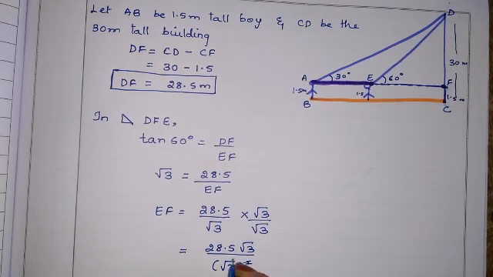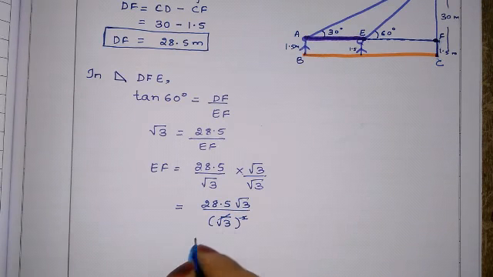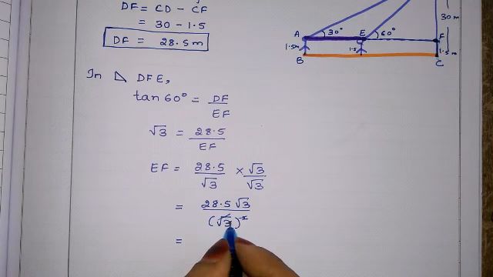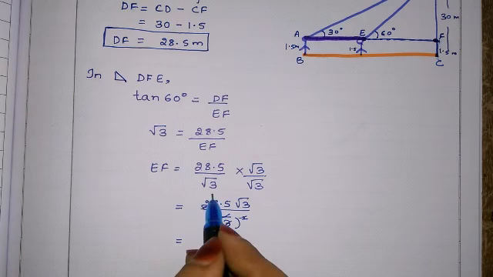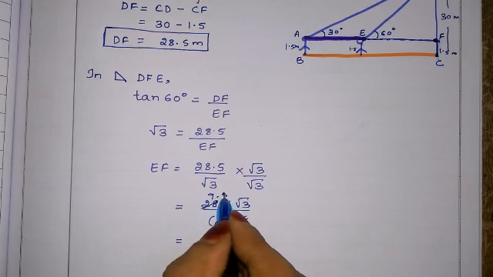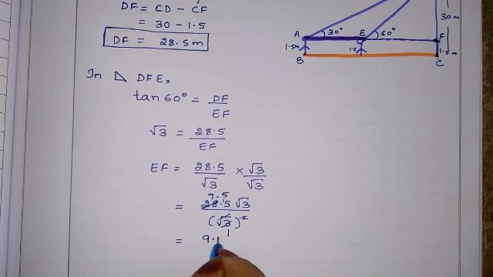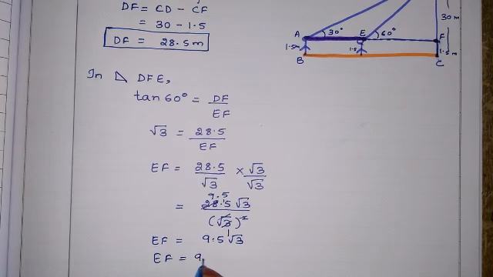Square and root get cancelled. So 3 ones are 3, 3 nines are 27, 1 left, 3 fives are 15. So we got 9.5 root 3. EF value we got is 9.5 root 3. I'll write it properly: EF is equal to 9.5 root 3.